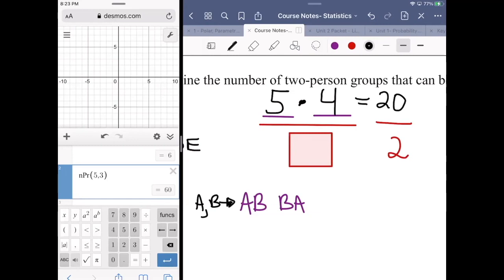We could do it for other possibilities. Maybe we could say B and C. If I have the letters B and C to work with, it could be B first, then C, or it could be C first, then B. So these are our possibilities. In each case, it seems like there are 2 arrangements.